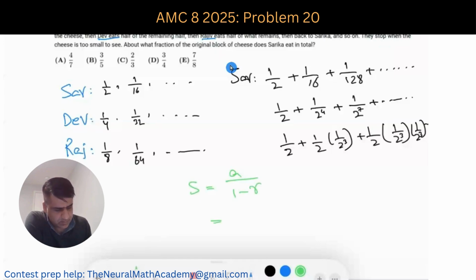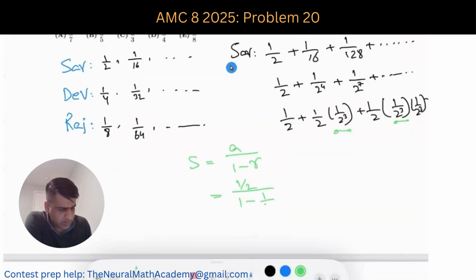So a is 1/2, and r is the common ratio, that is 1/8. And now if I solve this, I will have 7/8.